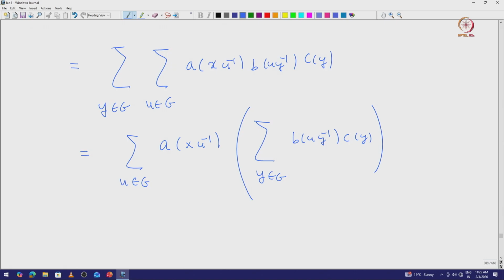So, you can see that this is exactly equal to B star C of u.